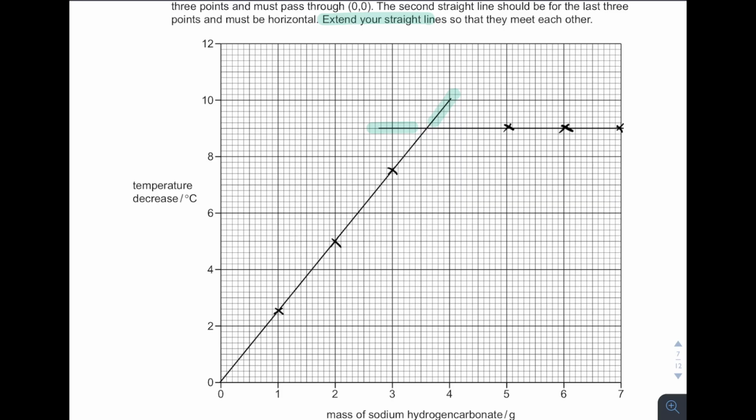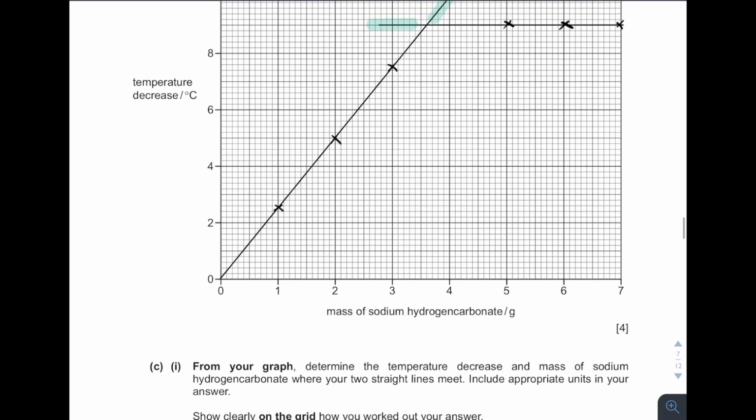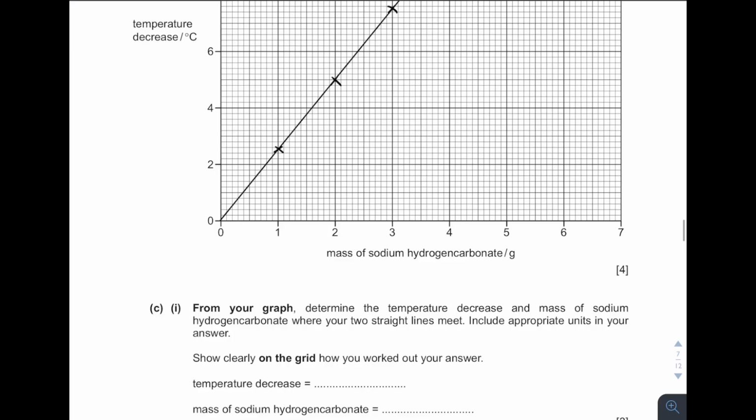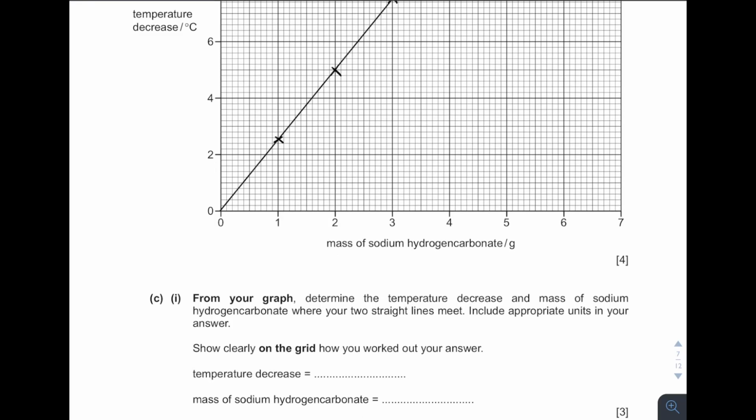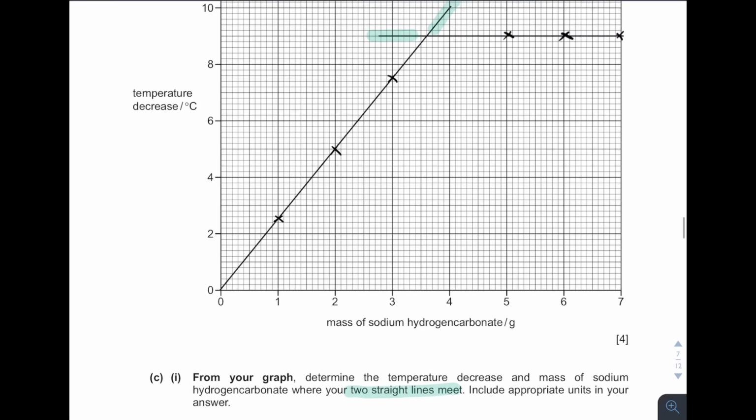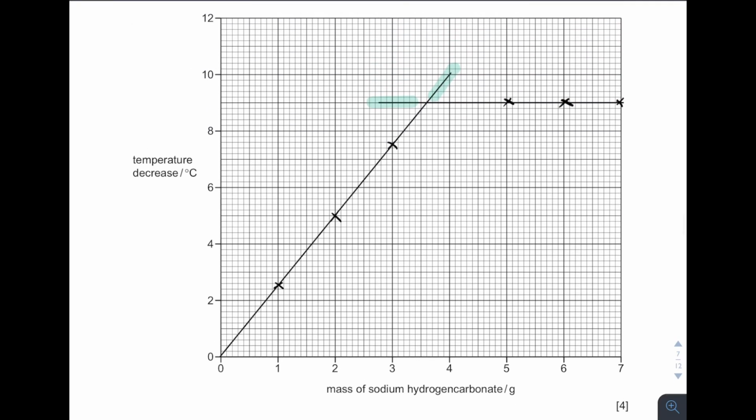Then from your graph, determine the temperature decrease and the mass of sodium hydrogen carbonate where the two straight lines meet, including the appropriate unit. Let's look at the result. Both lines cross over here.